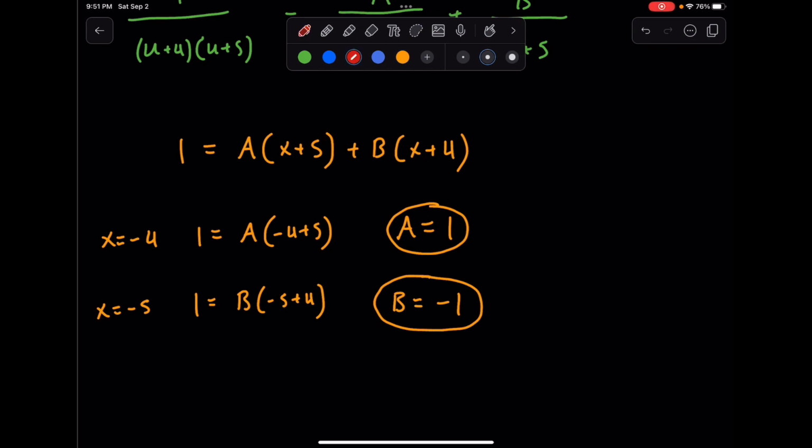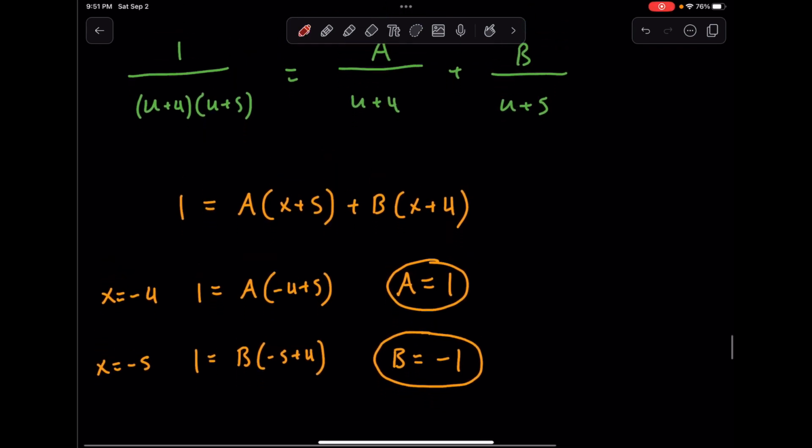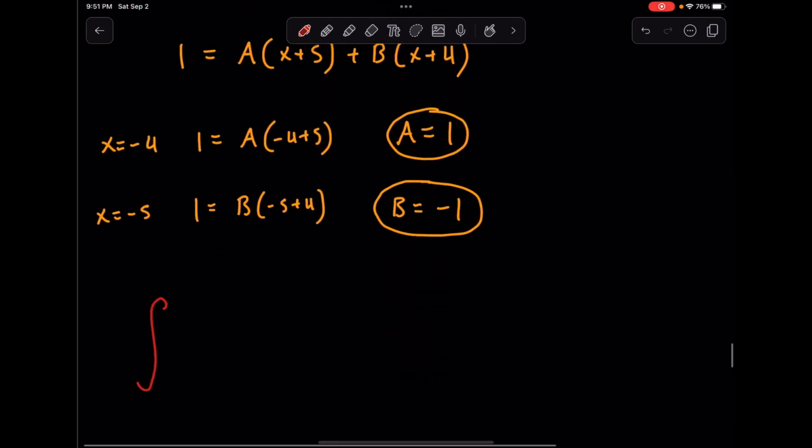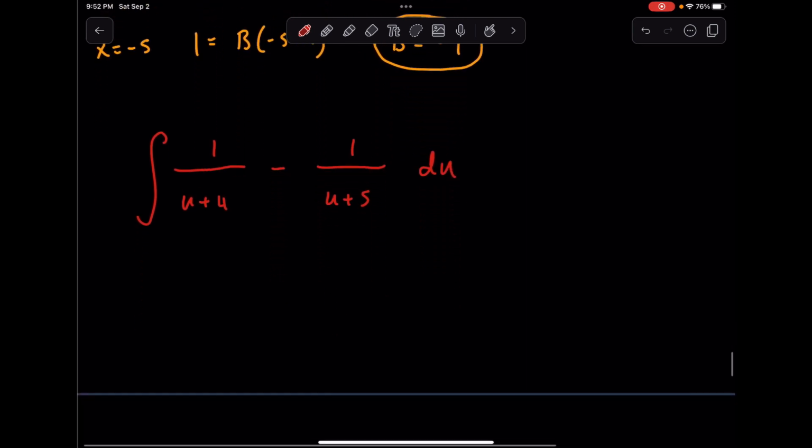So now we can go ahead and rewrite our integral. So this will become the integral of a, which is 1 over u plus 4, plus, which in this case is minus because it's negative, 1 over u plus 5 du. So now this just becomes simple integral rules.